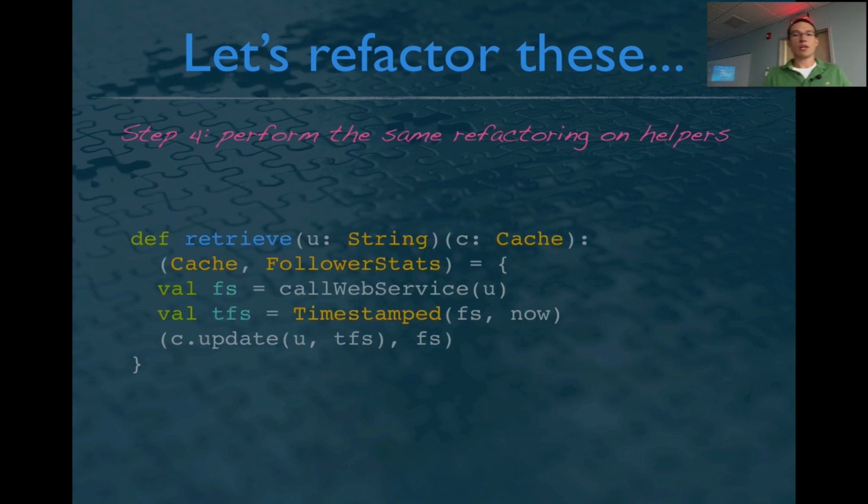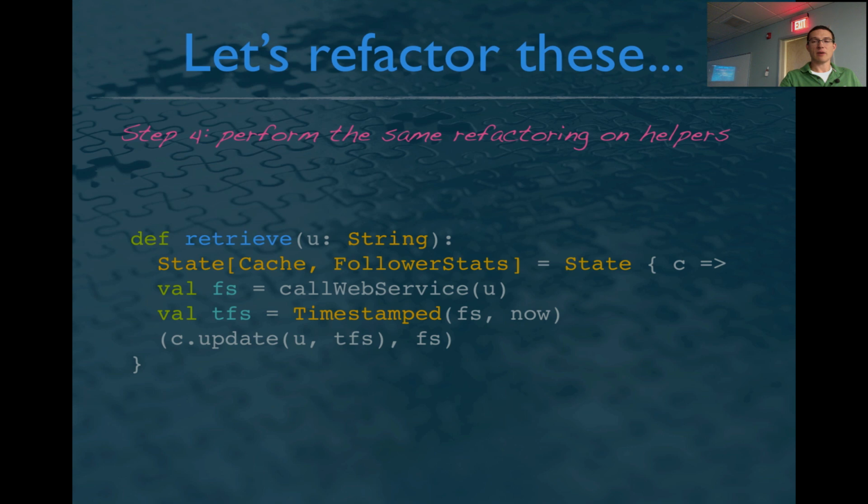We'll do the same thing with retrieve. Again, you've got that second parameter list returning the C comma S, or S comma A, sorry. We'll just strike the second parameter list, change the return type to state, and create a lambda expression for the inner function.